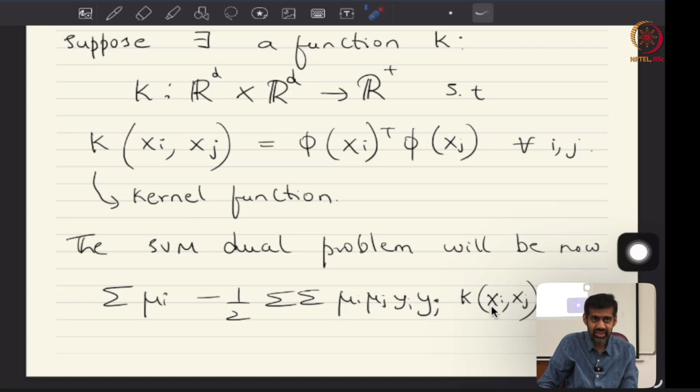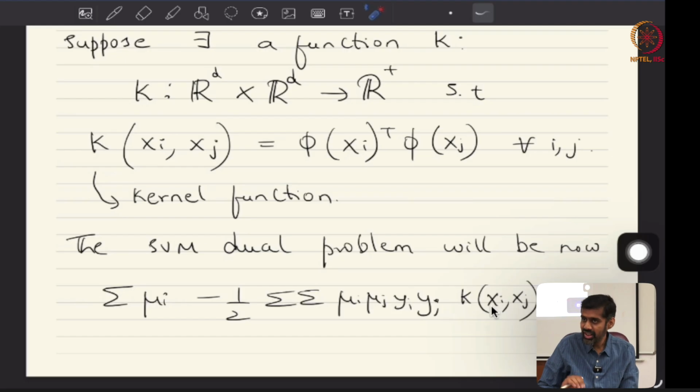Good question. The question is, if we do not know what the projection is, how do we know that it is linearly separable? There is no guarantee to that. However, I will show you that there are cases where this phi can be a projection to an infinite dimensional space, while the kernel can be computed in the data space.